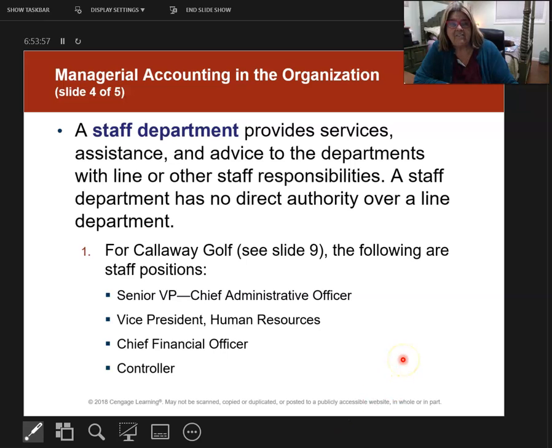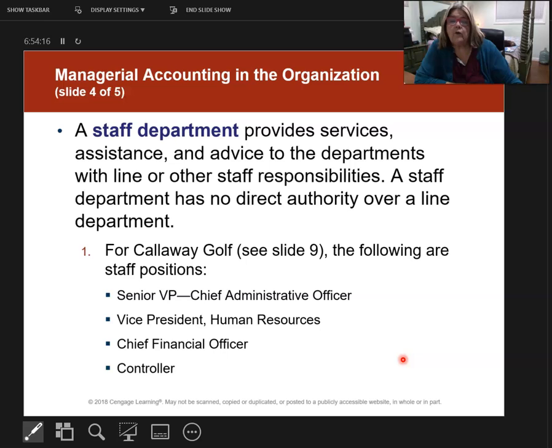Whereas staff accountability has more to do with the different departments. A staff department has no direct authority over any particular line, but it provides services and assistance to employees in other departments.